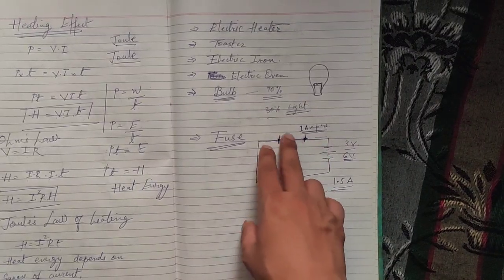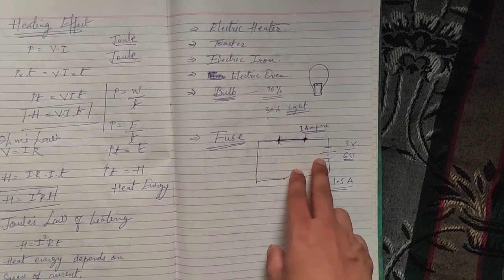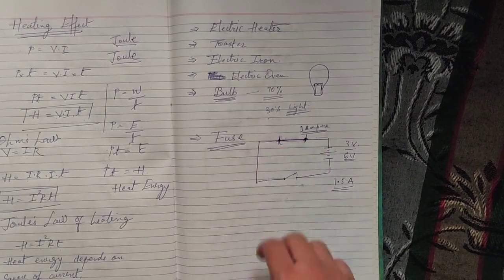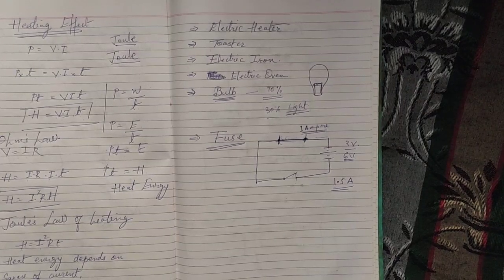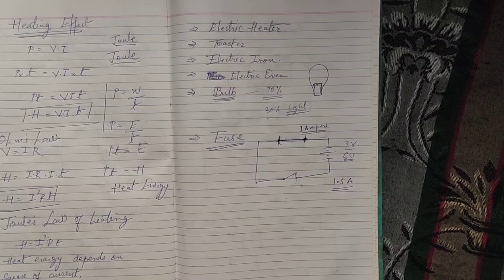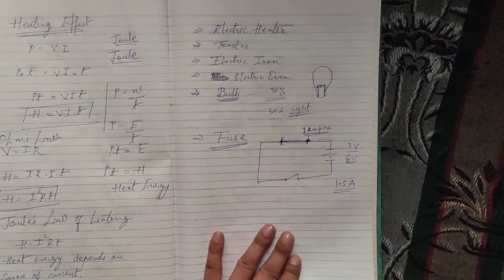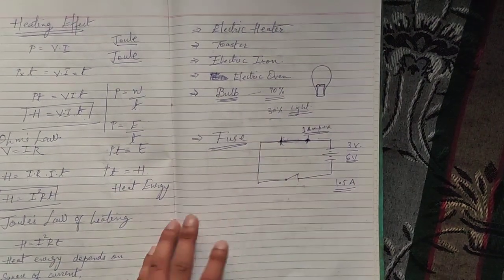Then the 1 ampere fuse will melt, and thus it will break the circuit, preventing current from flowing in the circuit and helping us prevent fire hazards, and more importantly, it prevents our devices from getting burnt, which can cause us a lot of trouble. Okay, so this is the heating effect of electric current.